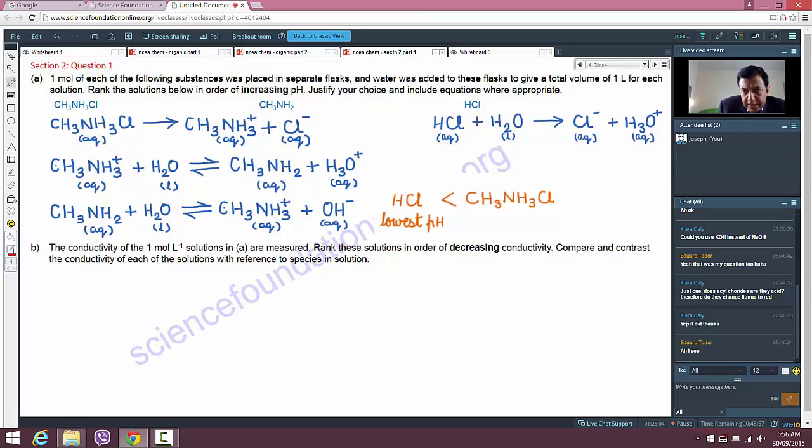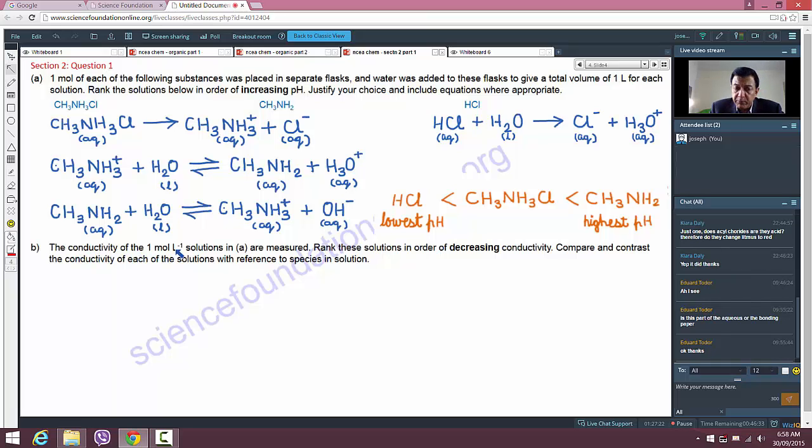And of course CH3NH2 is a weak base, so that will have the highest pH of these three substances. The most acidic one has the lowest pH. This is a weak acid, so it will have a higher pH. And this is a weak base, so of these three, that will have the highest pH.